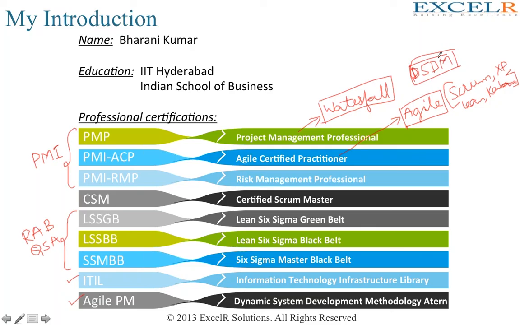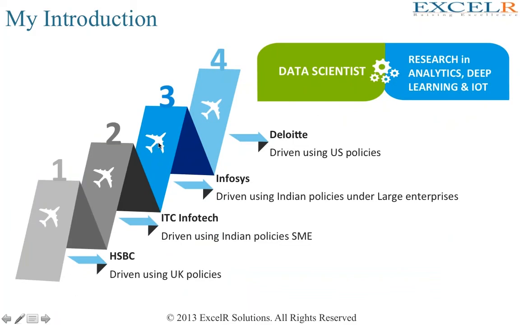This methodology gives organizations an opportunity to test the waters and check whether Agile will work well or not. It has some flavors of waterfall and some flavors of Agile also. And if it works well, then you can switch to Agile with ease. This is in short about my education and the professional certifications which I possess.